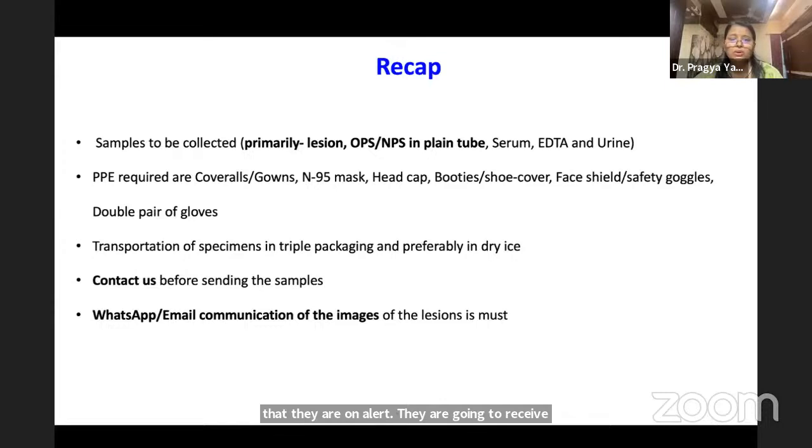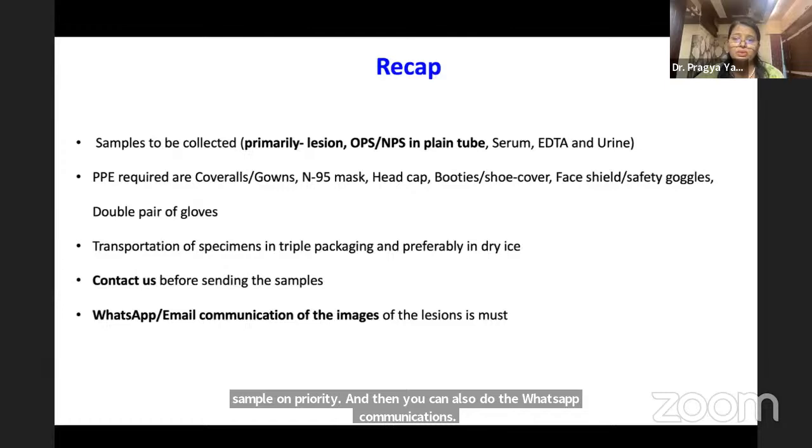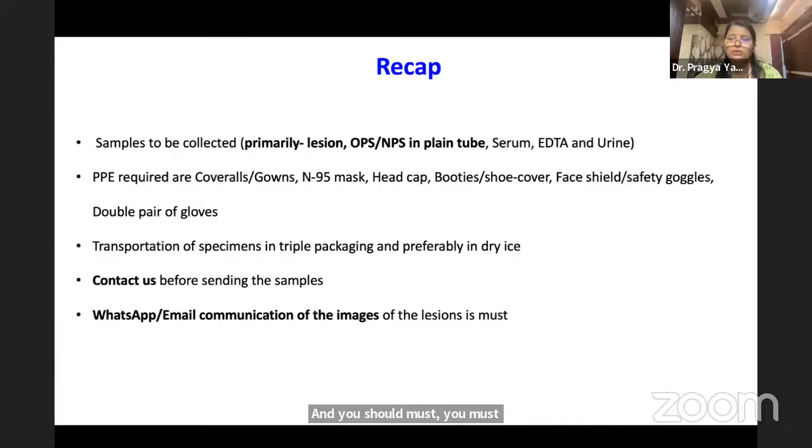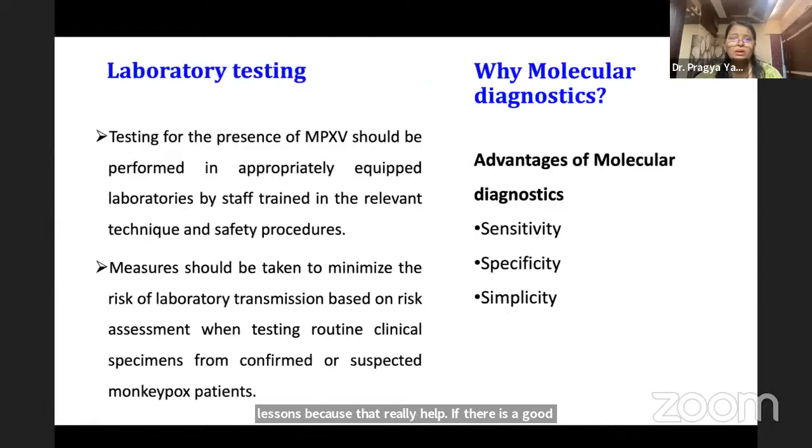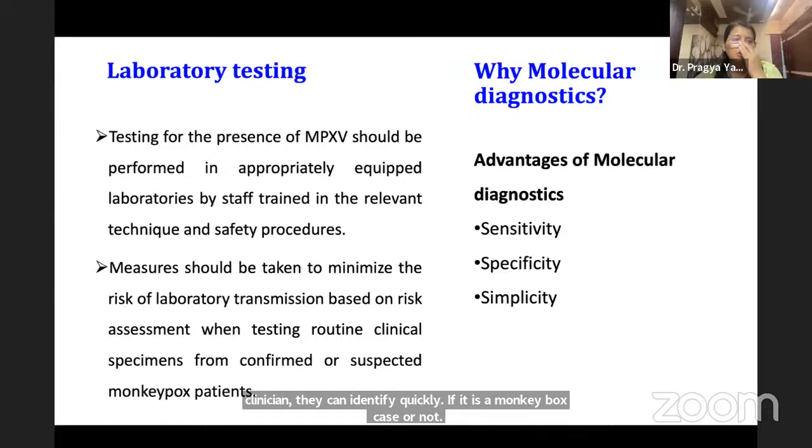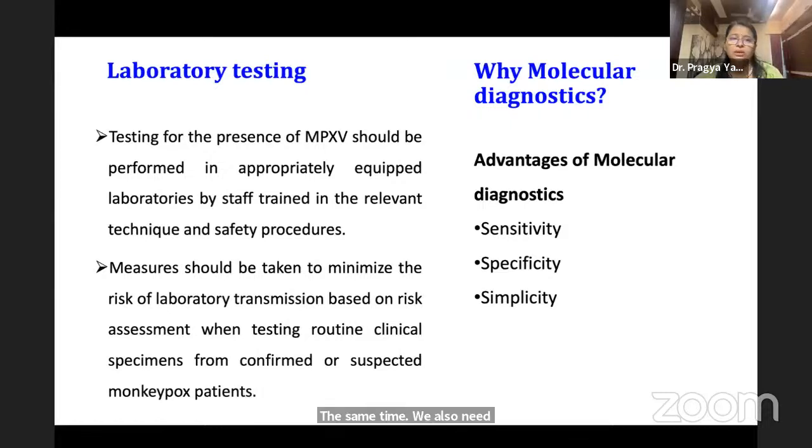You can also do WhatsApp communications, and you must share images of the lesions, because that really helps. A good clinician can quickly identify whether it is a monkeypox case or not. At the same time, we also need to understand that laboratory testing should always be done by people who are trained.